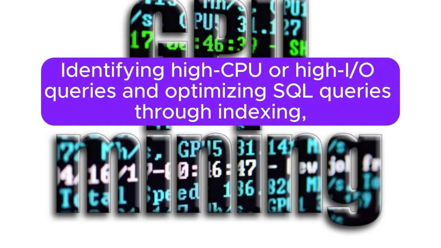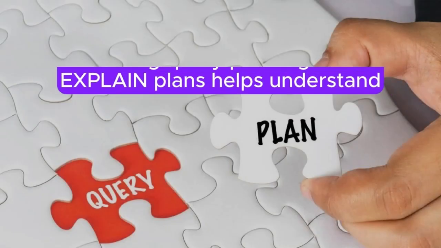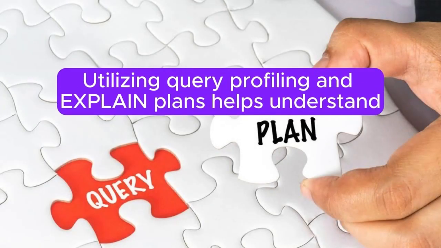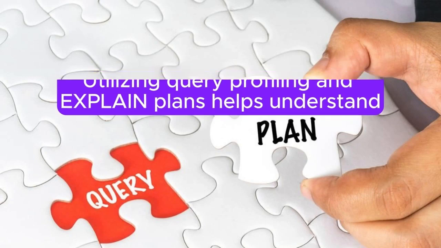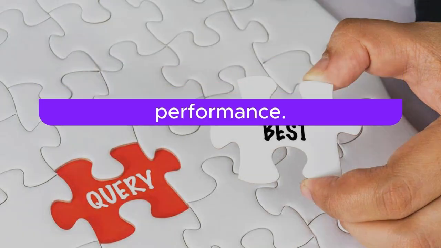Identifying high CPU or high I/O queries and optimizing SQL queries through indexing, data distribution, and query rewriting improves performance. Utilizing query profiling and explain plans helps understand query execution paths and optimize resource allocation for better performance.